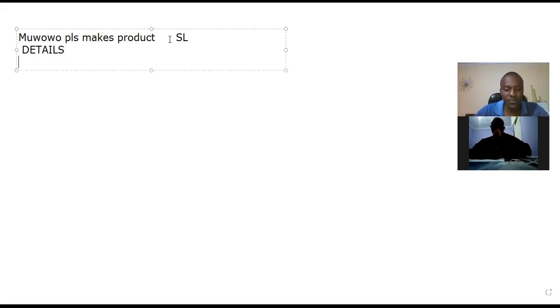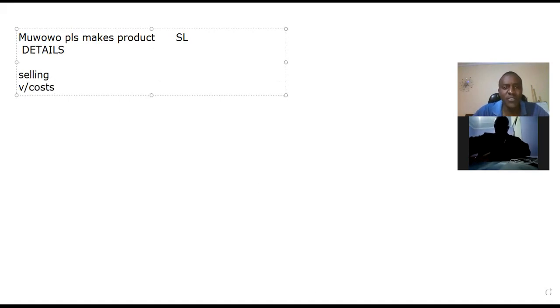What we have here for this product, we have SL goes for how much, the selling price for SL. We have the variable costs, guys, and what else do we have after variable costs? We have fixed costs. Now remember, we have selling price, variable cost, and then something else.